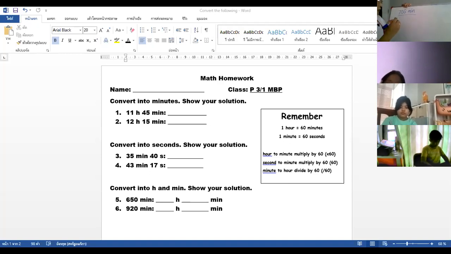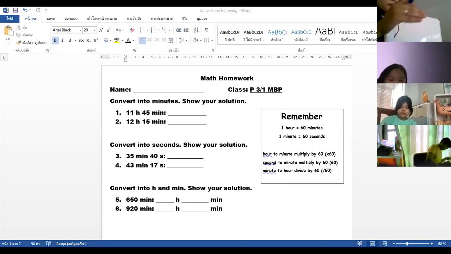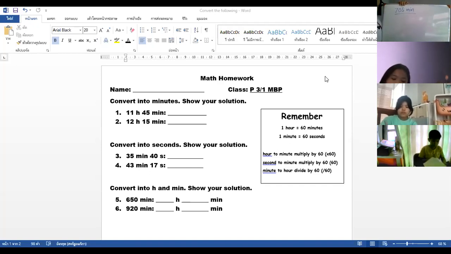Okay, let's try. Wait, let me fix my whiteboard. Hold on. Okay, so let's try 11 multiplied by 60, right? And then plus 45.